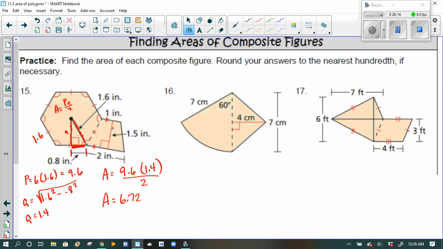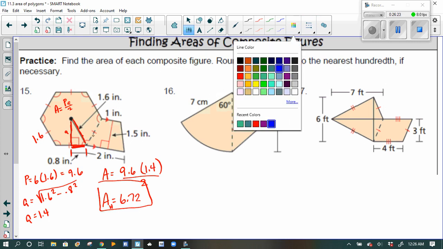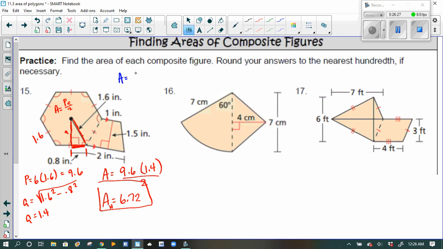Now the trapezoid, so here is, I'm going to put an H here for hexagon, and then I will do this. So the area of a trapezoid is base 1 plus base 2 divided by 2 times the height. So here is base 1 plus base 2, which is 2, divided by 2, times the height.